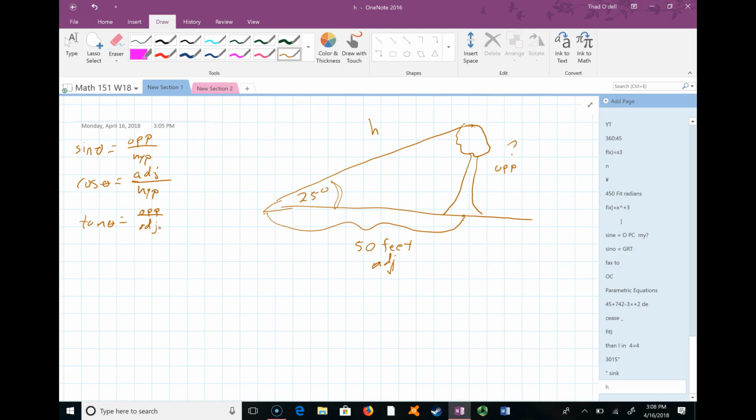Since we have adjacent and we want to know opposite, tangent is the one we want to use. So we're going to write an equation using this relationship. Tangent of 25 degrees has to be equal to the opposite side. We'll call the height of this tree h.